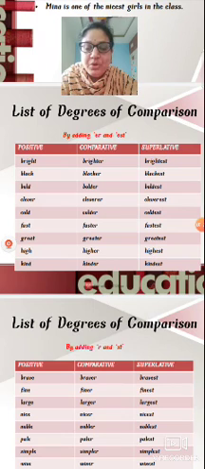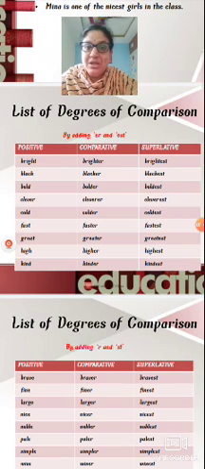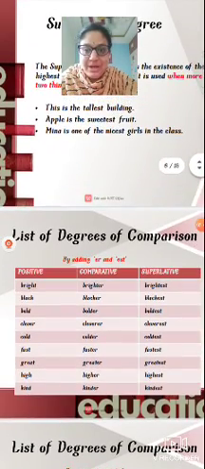The list of degrees of comparison by adding ER and EST. You have to add ER in the comparative and EST in the superlative degree. For example: Maina is one of the nicest girls in the class.